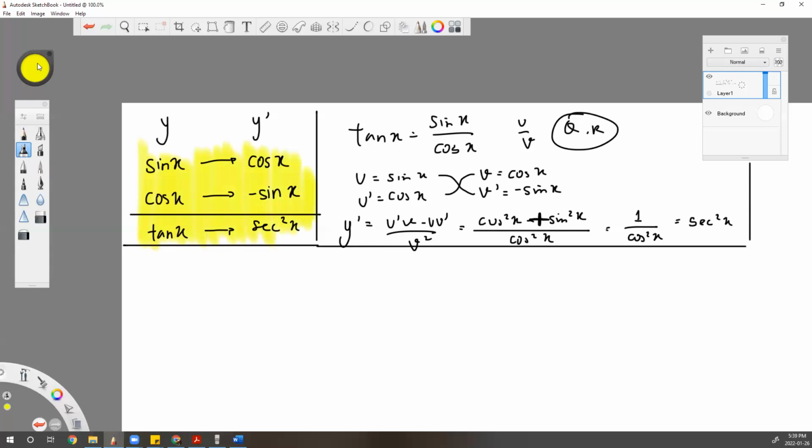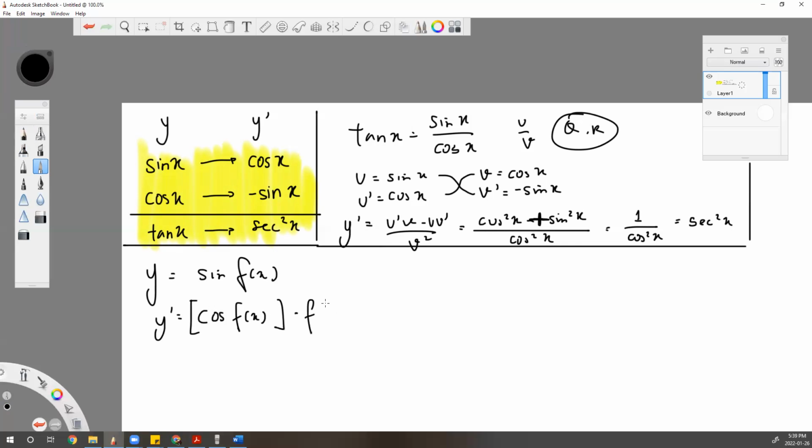And we also have the chain rule. Here you go. So if I have y equals sine of f(x), y' is equal to sine becomes cos, multiplied by the derivative of the inside. How about cos? It's the same.